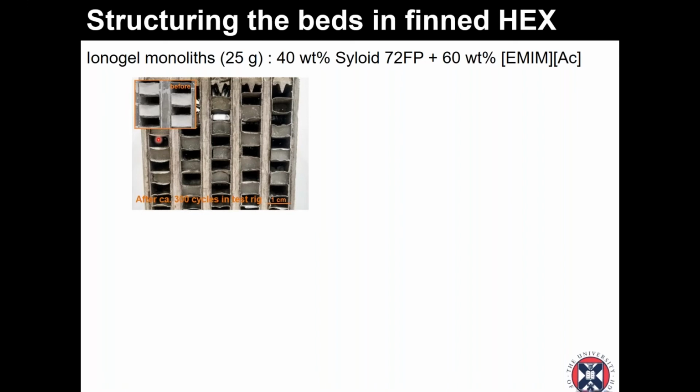So it's pretty fragile, but this type of system is not mechanically stressed, so it is enough to work in an adsorption desalination system. It becomes gummy when you have some content of water, so the stability of the material even increases, and this is its aspect after 300 cycles in the test rig.